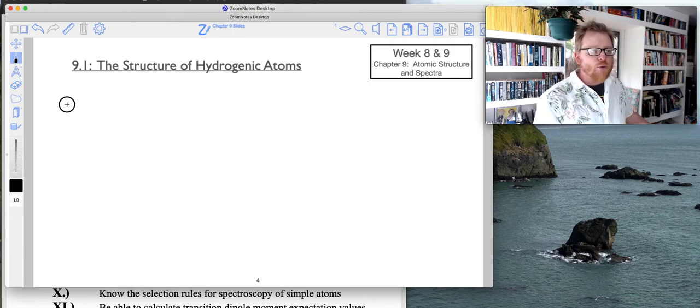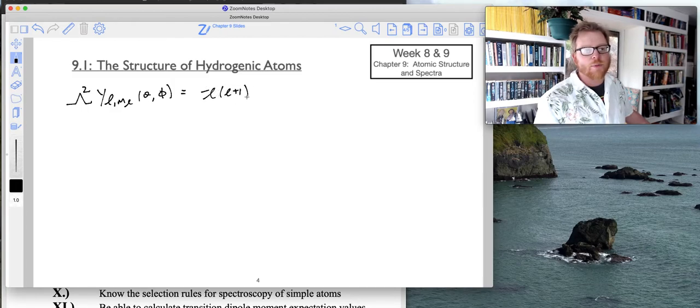So I'll remind you from our spherical harmonics that the Legendrian squared times the Y_L^M_L of theta and phi equals negative L times L plus 1 times Y_L^M_L of theta and phi.